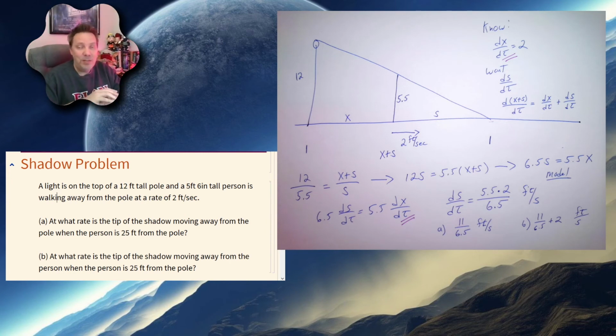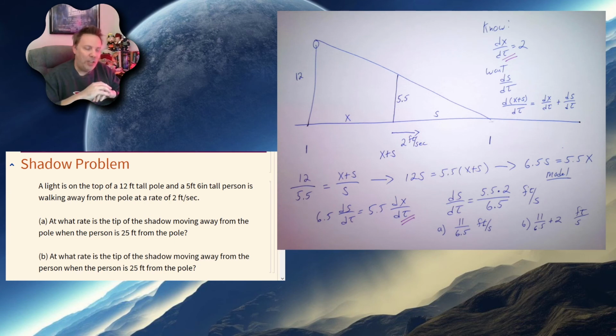Now this, I think, is an amazing problem. Why do I think this is an amazing problem? I never used the 25 feet from the pole. Regardless of how far the person is away from the pole, this is always how much the shadow grows, and this is always how fast the tip of the shadow is moving.